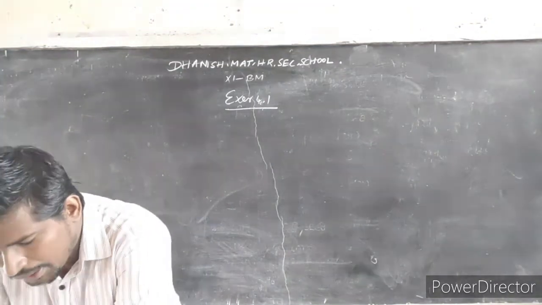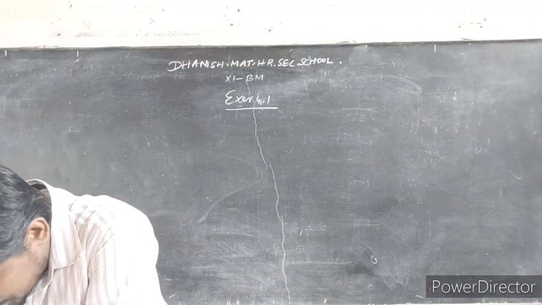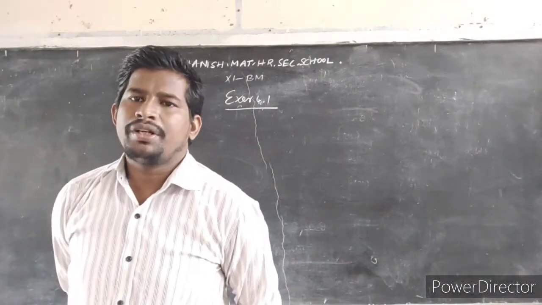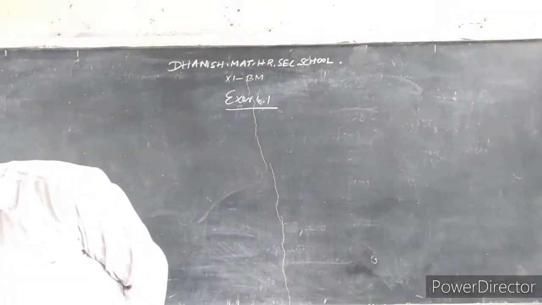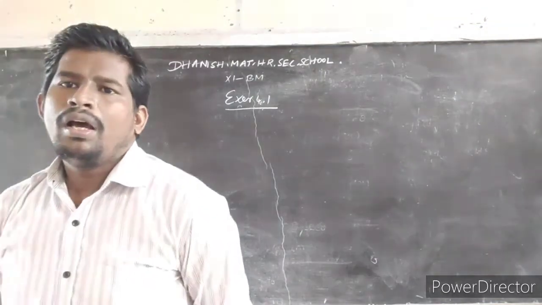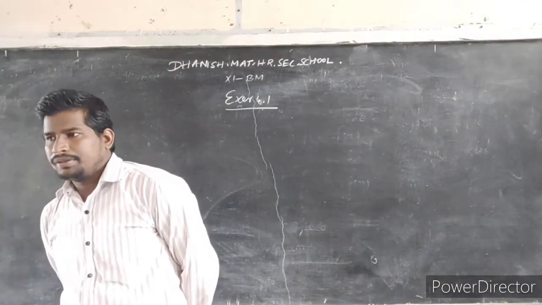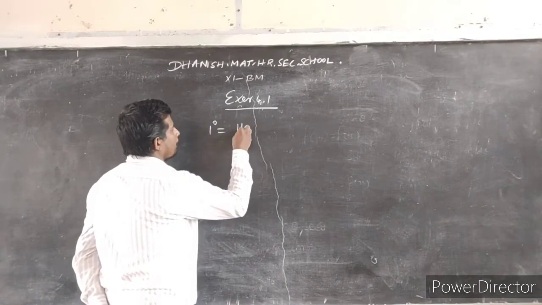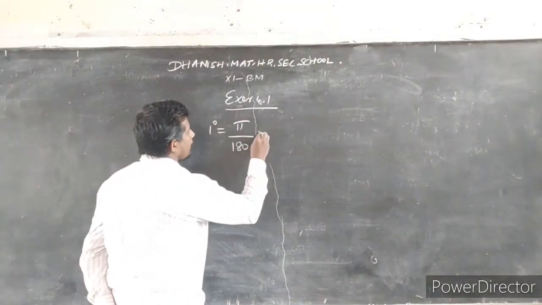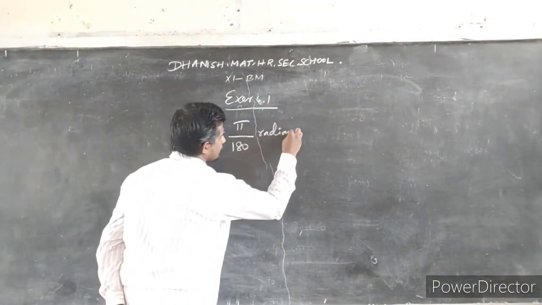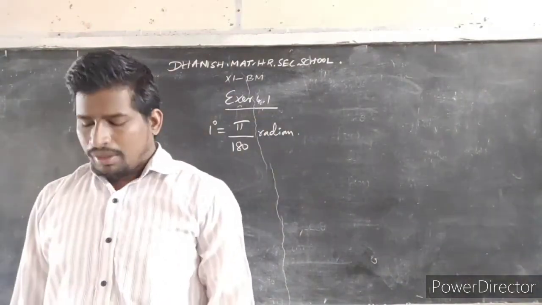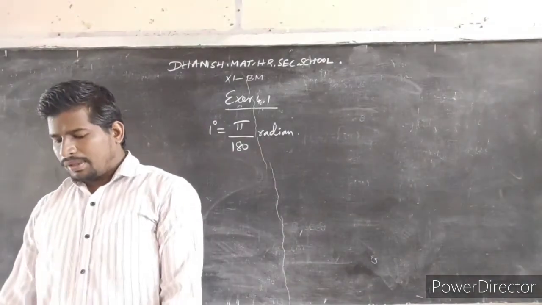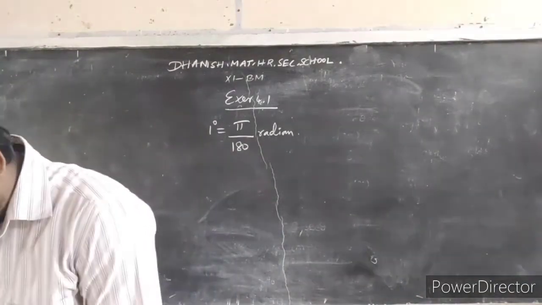Convert the following degree measures into radian measure. For that we should know the relation between degree and radian. So 1 degree equals pi by 180 radian. If you want to convert degrees into radians, you just multiply the given number by pi by 180.